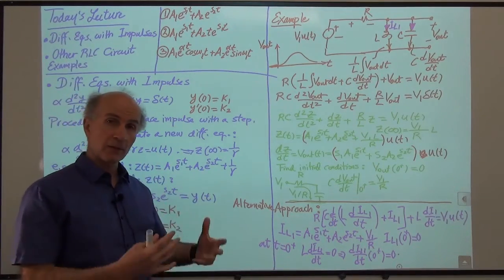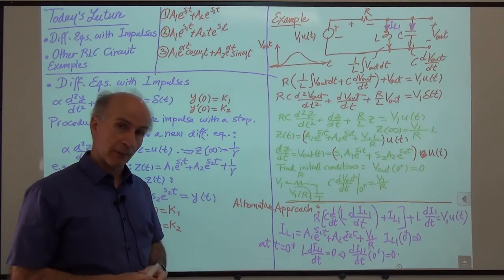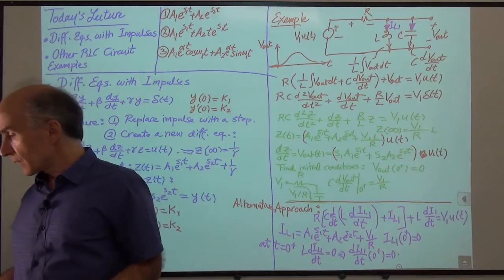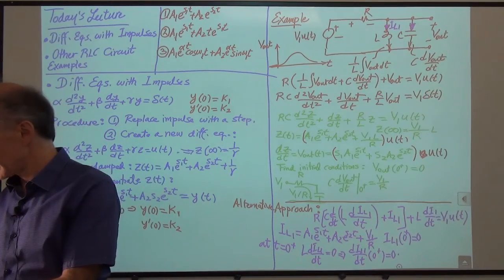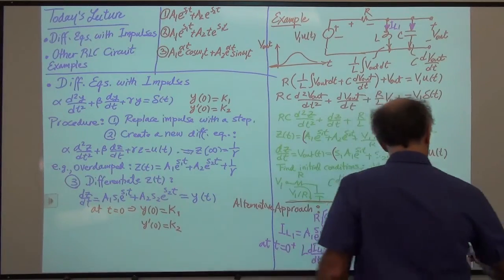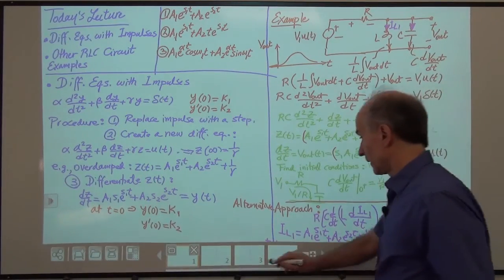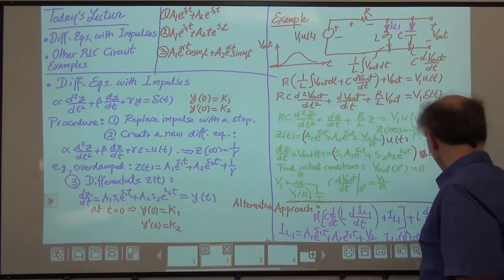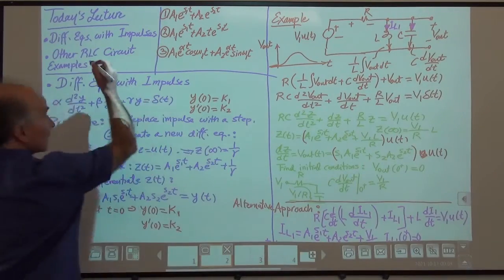Each of them has its own benefits depending on the problem that we are facing. Okay, so with that, we are ready to look at one more example today. So let's go to the next page and consider another example here.